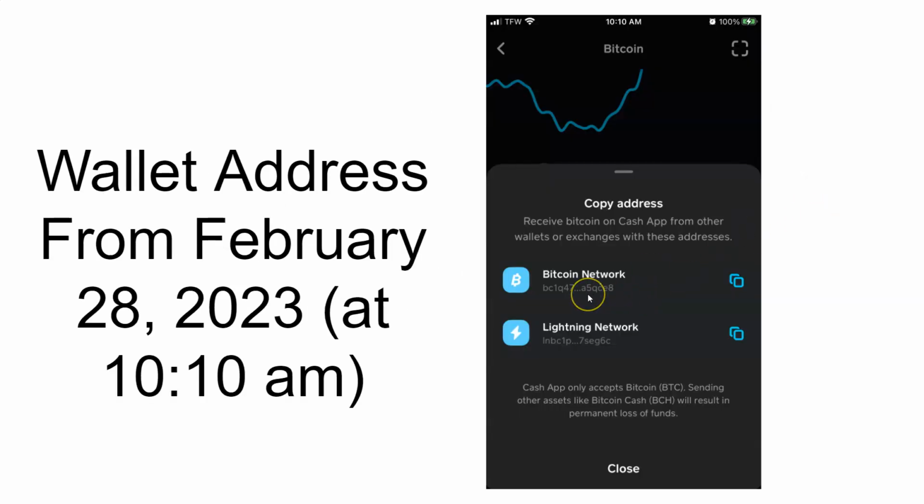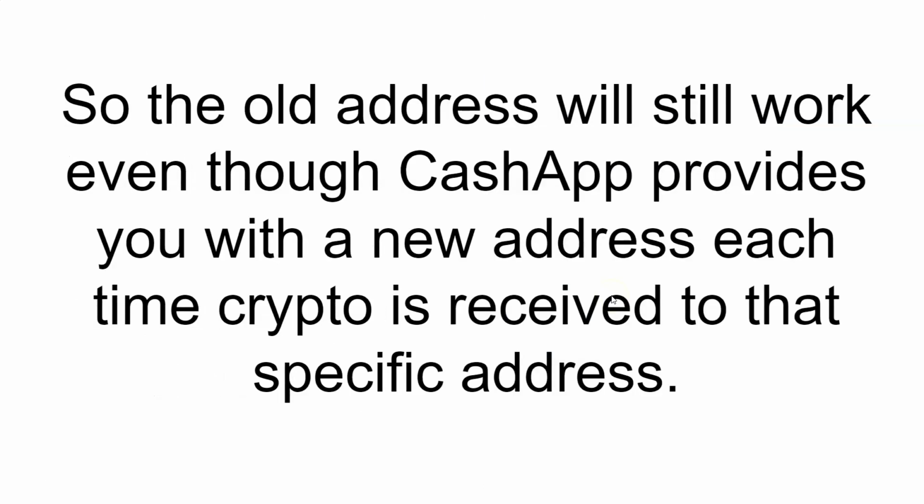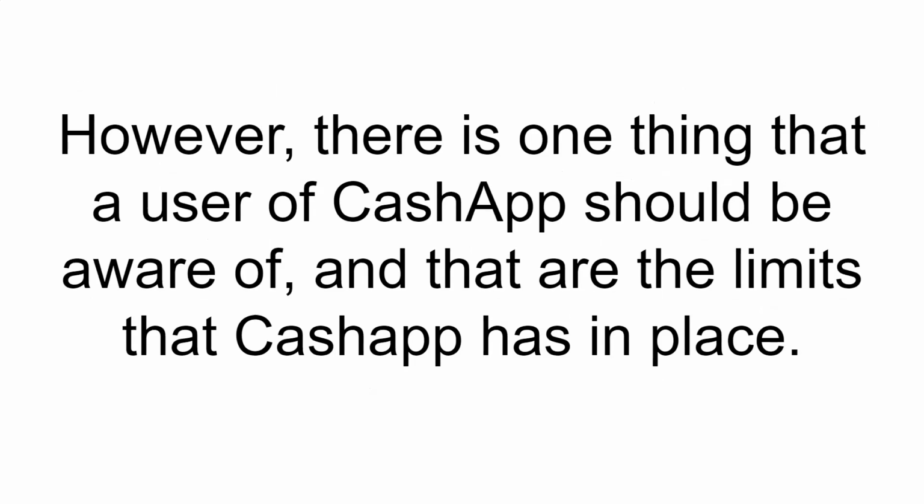As you can see, since nothing actually changed and no crypto was received to this new address that Cash App provided, it remained exactly the same. This screenshot was February 28th, 2023 at 10:10 a.m. Again, it ends in A5QCE8. So the old address will still work even though Cash App provides you with a new address each time crypto is received to that specific address.